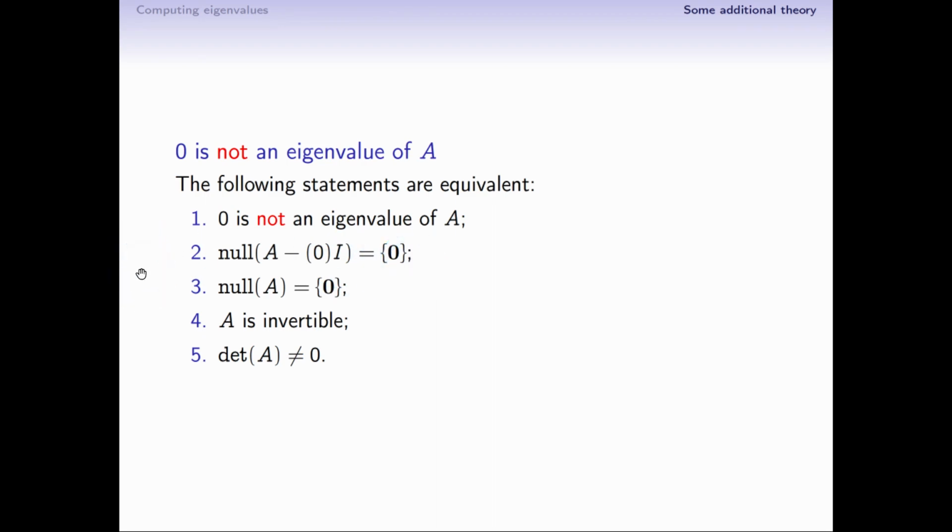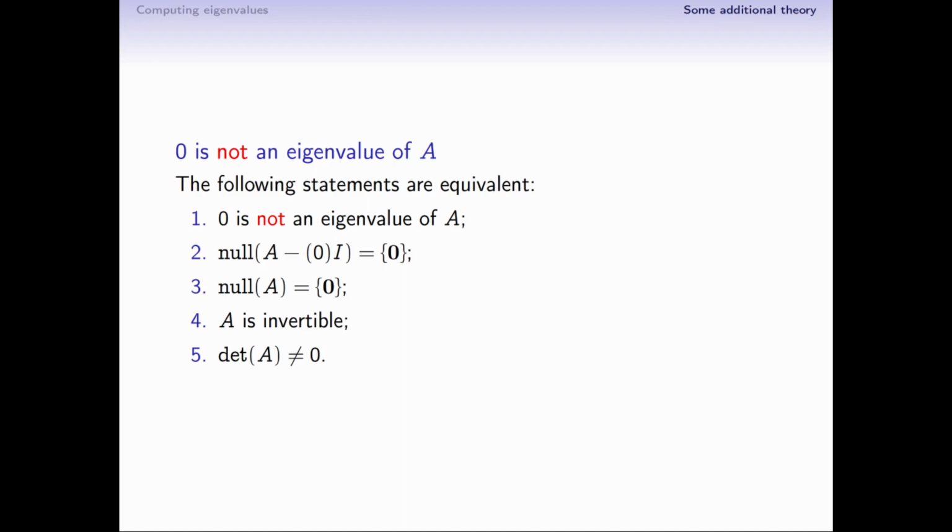And that statement is equivalent to the statement that the null space of the matrix A consists only of the 0 vector. And by our fundamental theorem of invertible matrices, the null space of A consisting only of the 0 vector is equivalent to A is invertible.